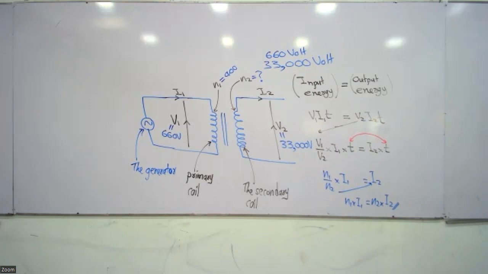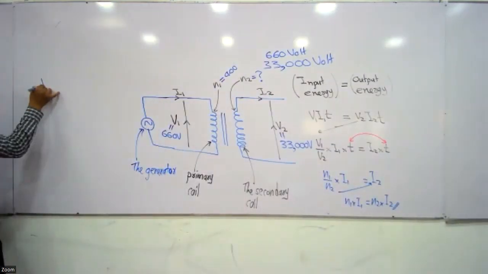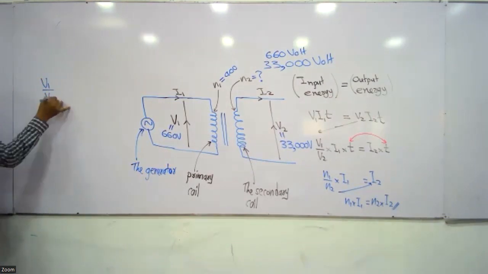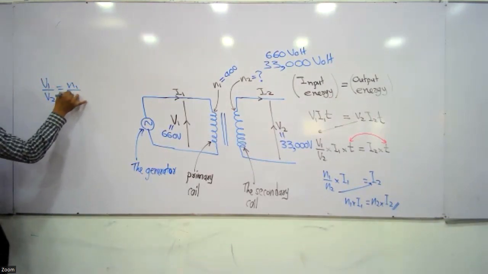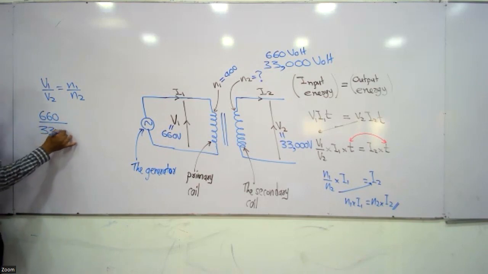So we can directly use the equation here. No need to prove any equations. V1 over V2 equals N1 over N2. V1 is 660, V2 is 33,000.